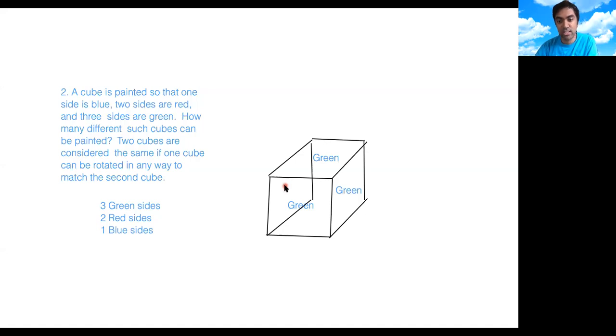I can rotate this in 3 ways and get the 3 greens to still be at this corner. Imagine if I just rotate the cube such that now the blue face comes here and the 3 greens are still in the same place. Does that make sense?